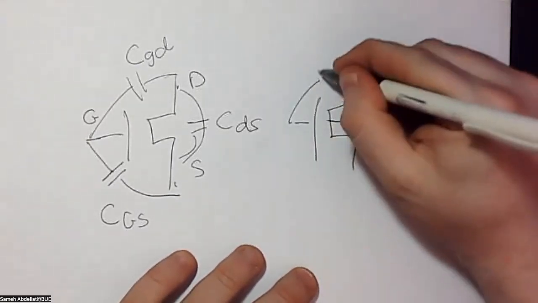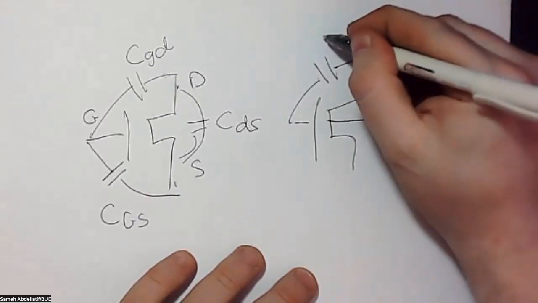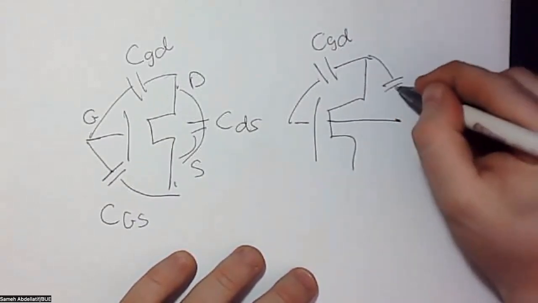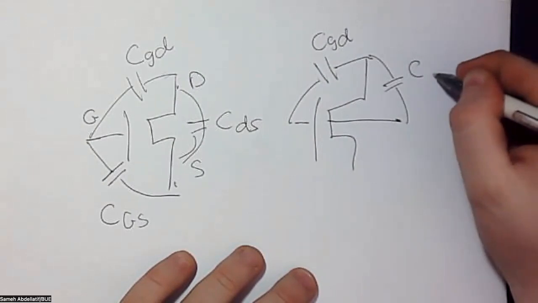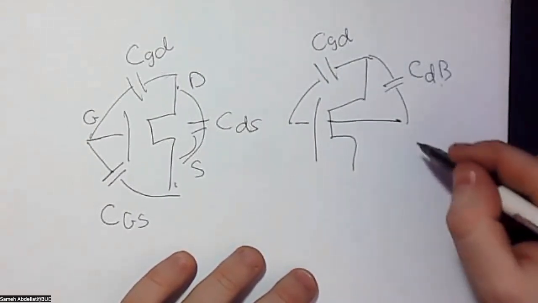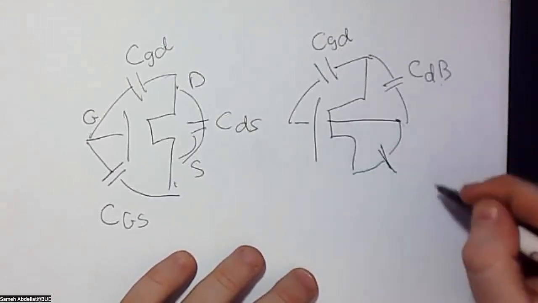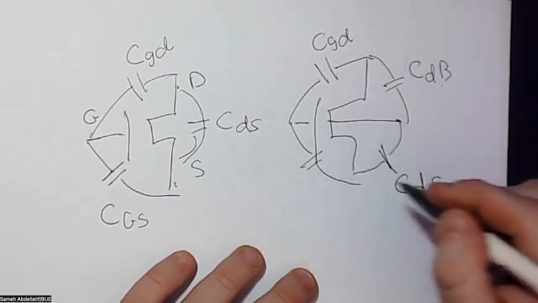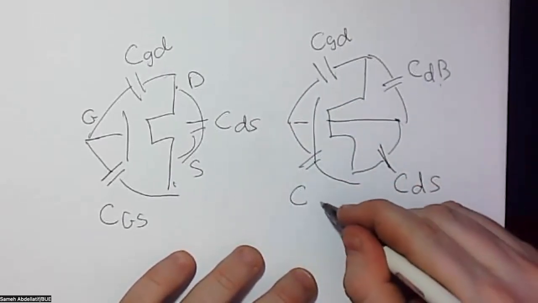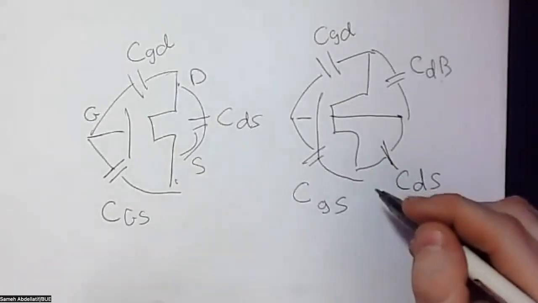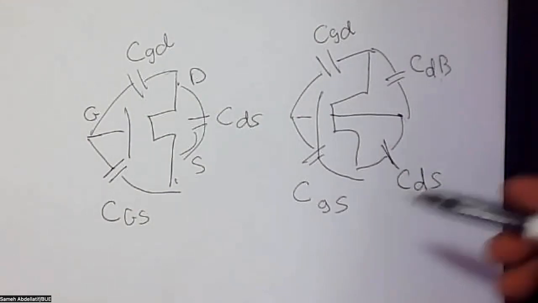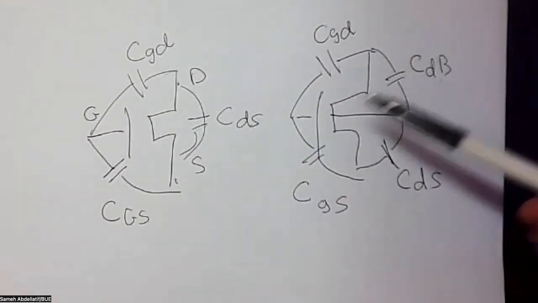So here we have CGD, and here we have CDB, where B stands for body, and here we have CDS, and here we have CGS. So this is another consideration for a MOSFET. This is another, more detailed capacitive model for a transistor.